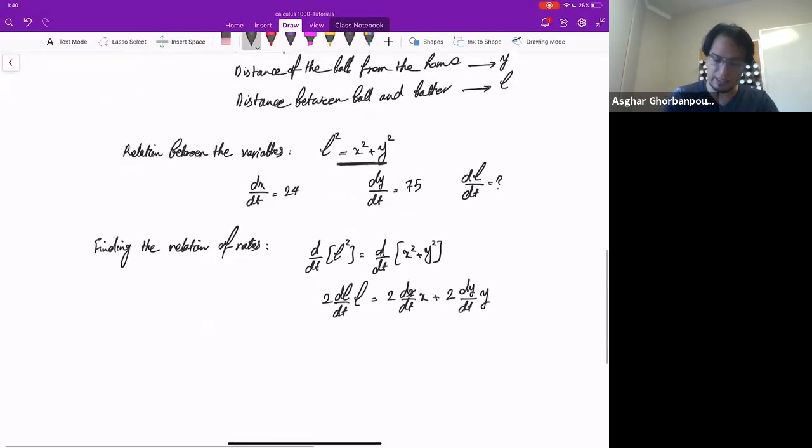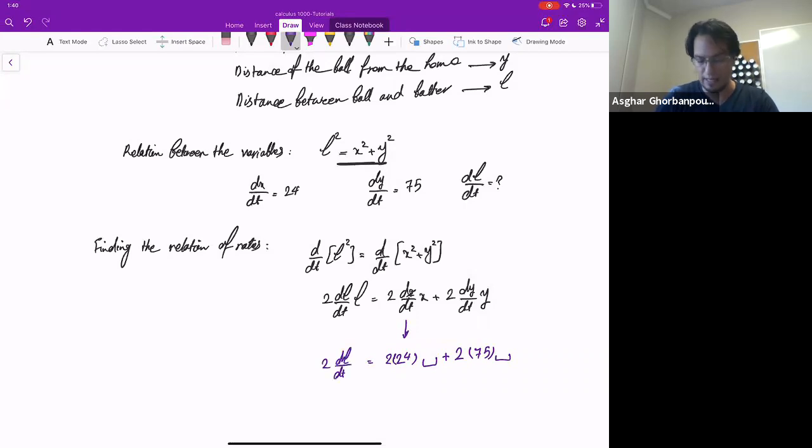Then if we look at the quantities that we have values for, dx/dt is 24, and it's multiplied by 2. I don't know what x is, so let's keep it for a second. 2 times dy/dt, which is 75. I don't know what y is. And I am looking for dL/dt, so it will stay there. And then I also want to know what L is. That is the third thing that I have to know based on the information.